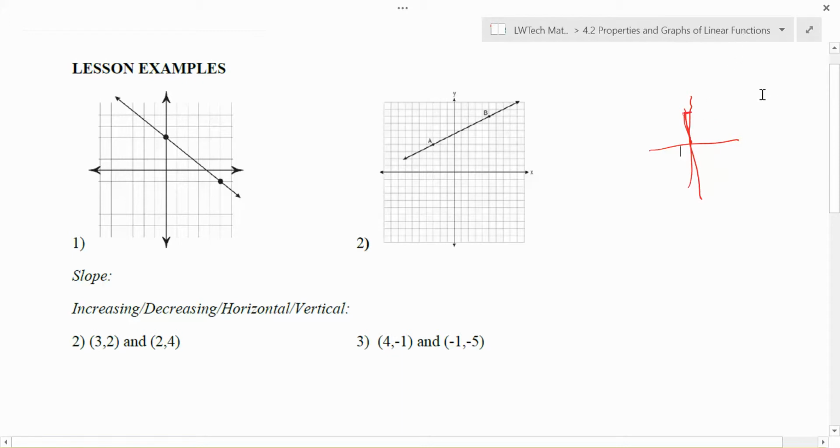So when we want to talk about this from a mathematical point of view, we can formalize it and call it something called the slope. When we talk about the slope, we're looking at a ratio or comparison of how much change we have in the vertical direction compared to the change we have in the horizontal direction.